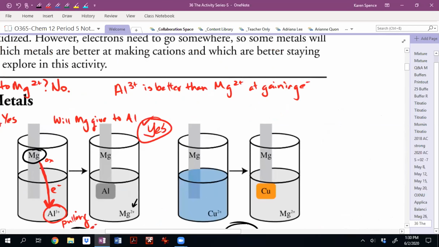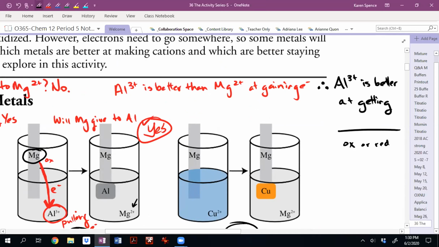what process is aluminum better at? Therefore, aluminum 3+ is better at getting what? Oxidized or reduced? Is aluminum better at getting oxidized, or is aluminum better at getting reduced? Yeah, it's better at getting reduced.